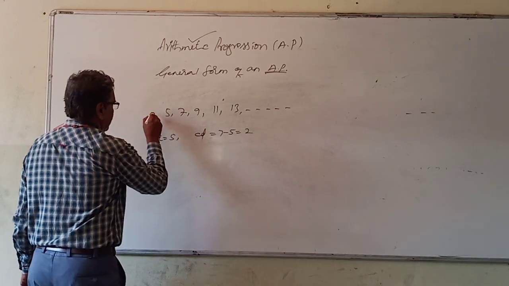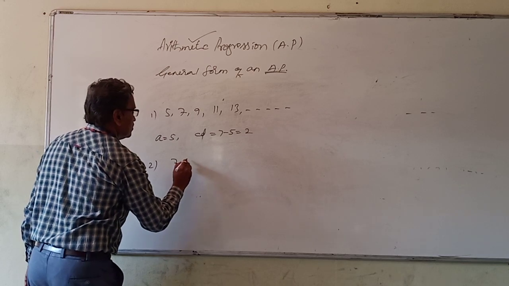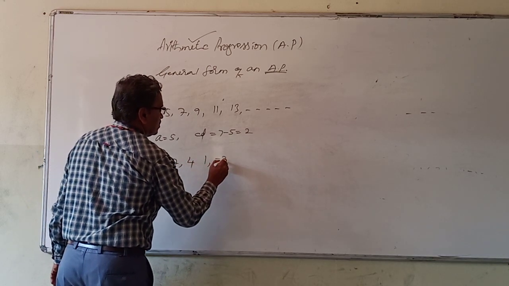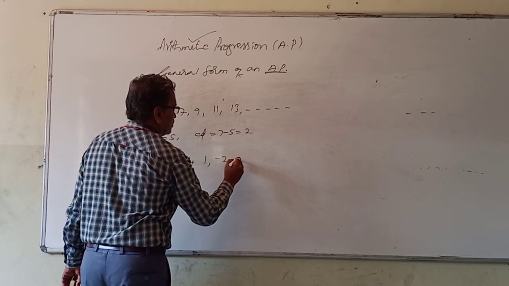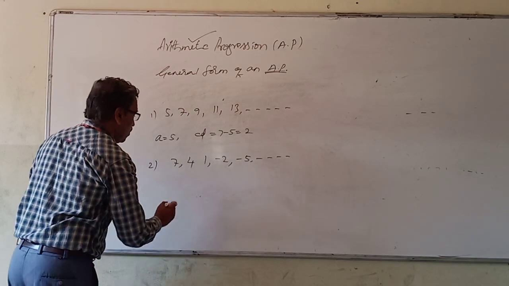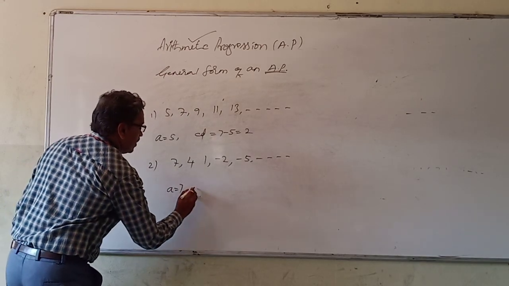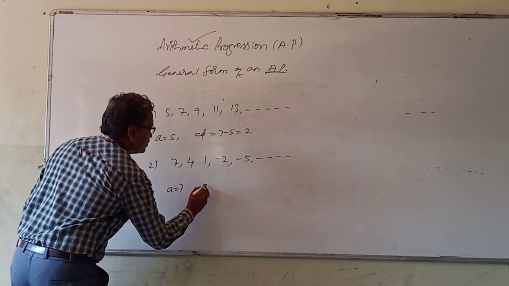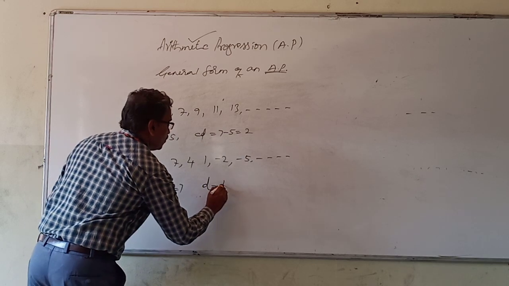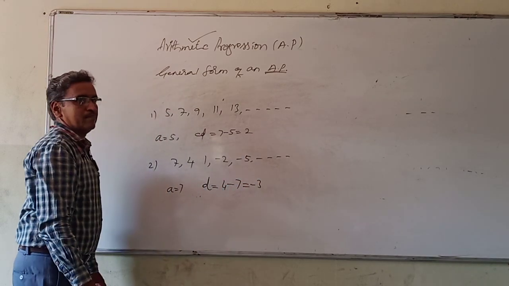Another example: 7 and so on. Now, the first term is 7 and the common difference is 4 minus 7, which is equal to minus 3.